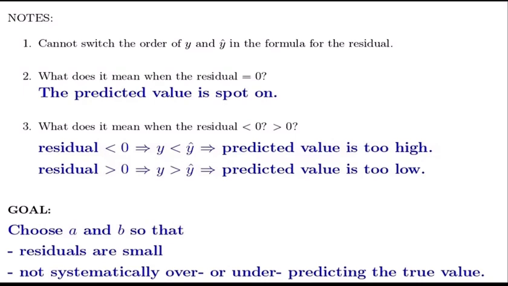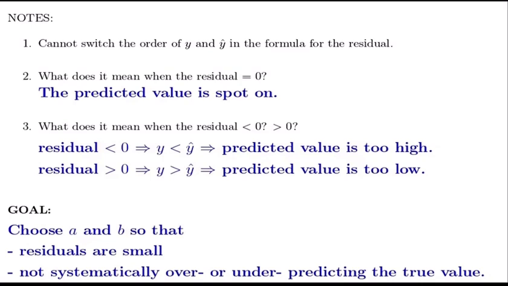Now, the next thing I want to talk about: how do we choose A and B? In the regression line, we need A and B. A is the intercept, B is the slope. We don't just choose A and B arbitrarily. We want to choose A and B to make sure that the residuals are very, very small. The residual is the distance between what our model predicts and what happened in reality.